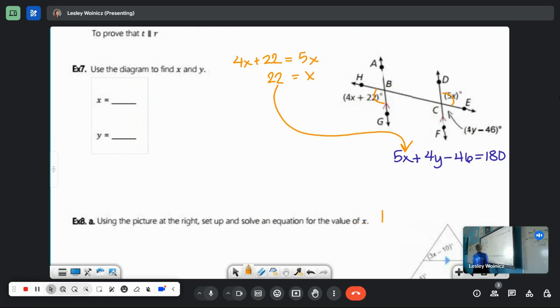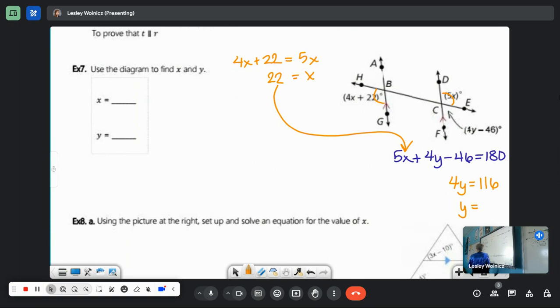What's 180 minus 64? 180 minus 60 is 120, minus 4 is 116. So 4y equals 116. What's y? Is it 29?